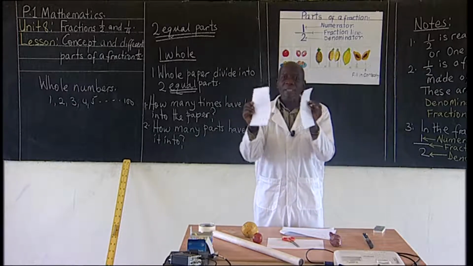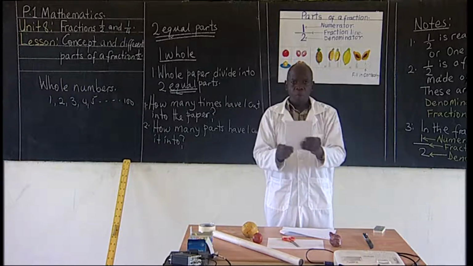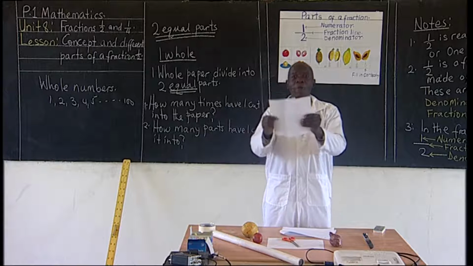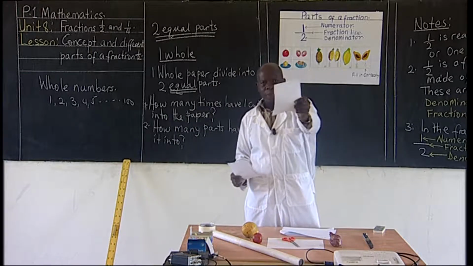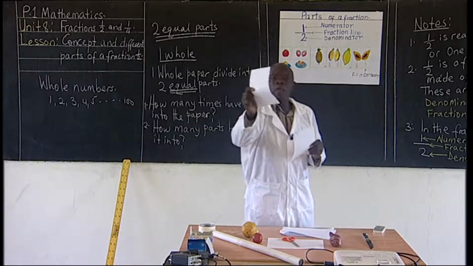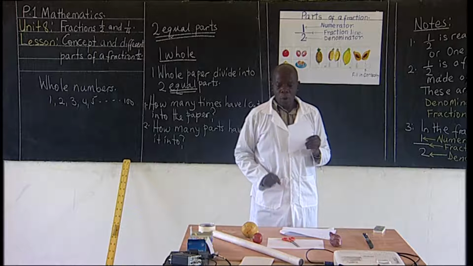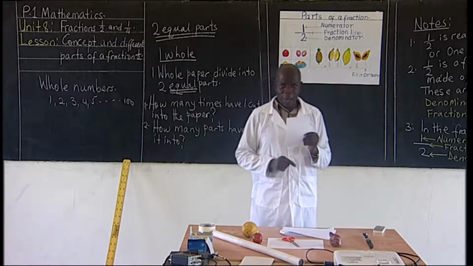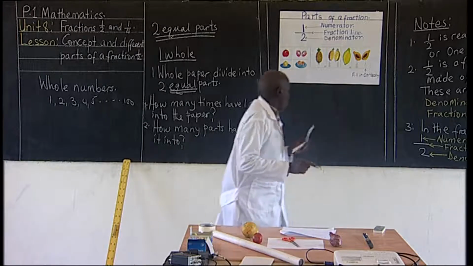And these parts are equal. So if there are two parts and they are equal, you have now seen that this part is equal to this part. I want to give you this part now. So out of the two parts, I've given you one. So what have I taken?